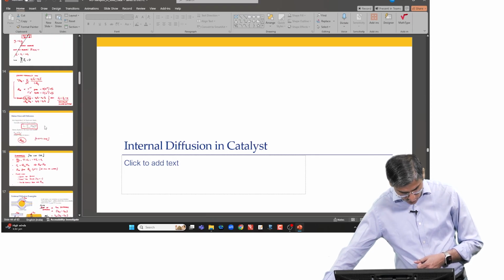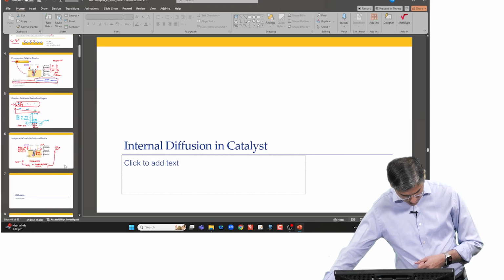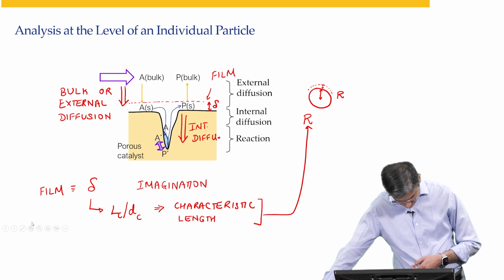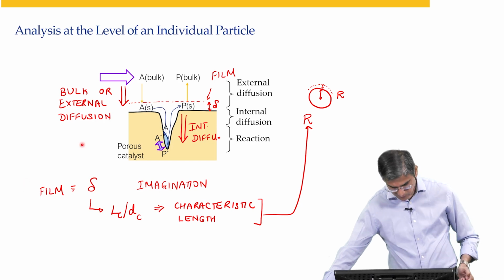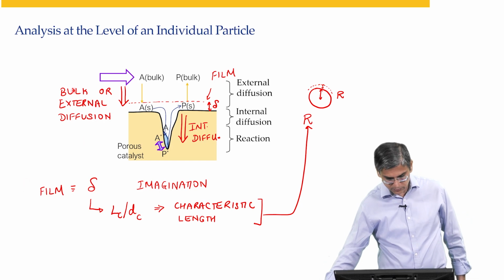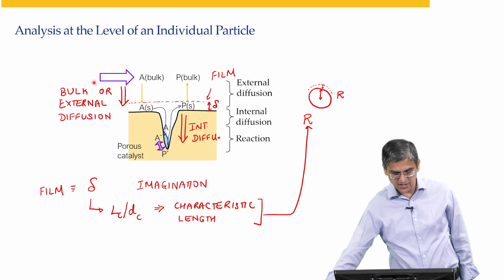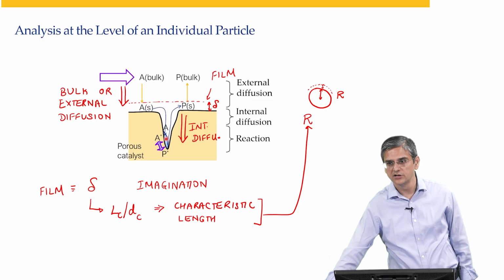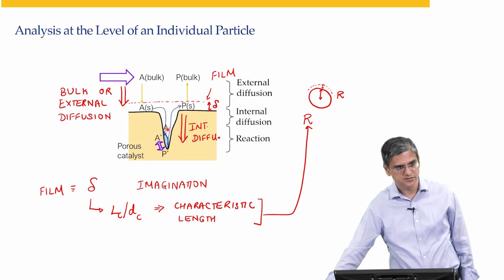We will go back to this picture. What CSTR and PFR talk about is flow and reaction. What we did in module 5A is external diffusion. What we are going to do in module 5B, starting the next class, is internal diffusion. What we did in module 4 is reaction on the surface.